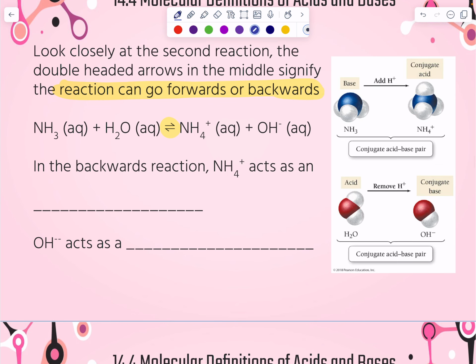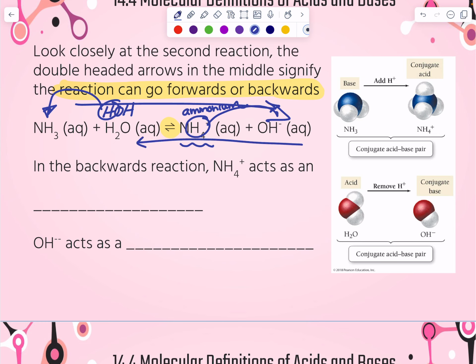So NH3 can grab a hydrogen ion off of water, and then it will make this. But then look, this is one of our polyatomic ions that we learned. This was the ammonium ion. And the ammonium ion can then go and give one of its H's back to the hydroxide ion. And so this forward reaction is happening and this reverse reaction is happening.